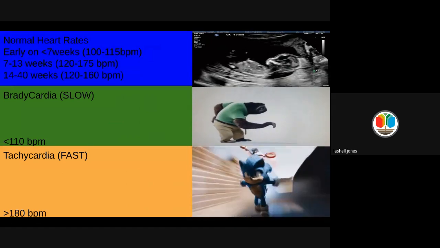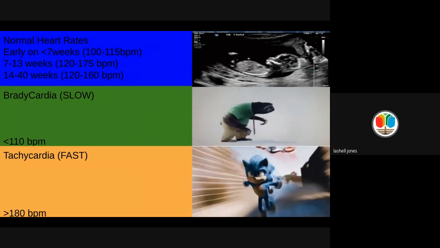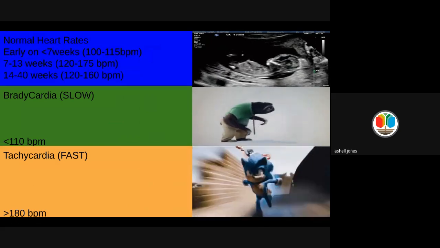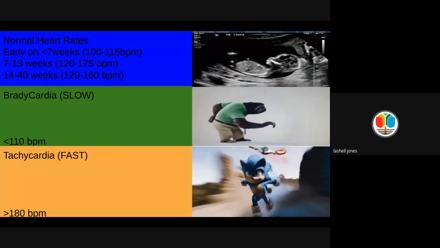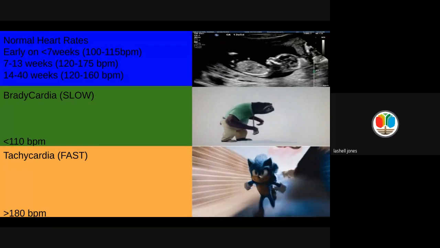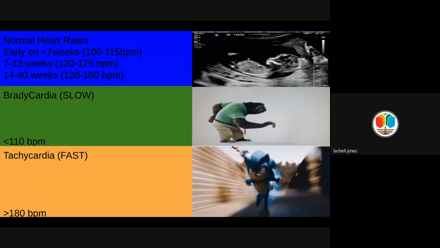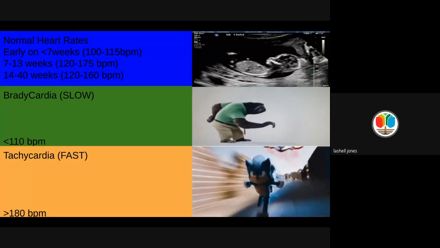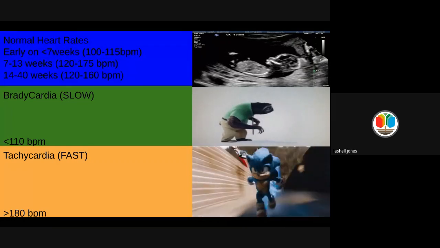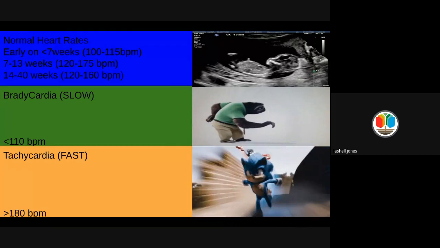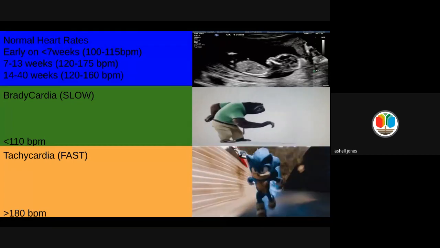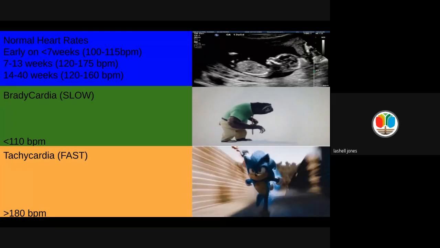Now, bradycardia is usually starting after 8 weeks, 8 weeks to 40 weeks. Bradycardia is a sustained heart rate of less than 110 beats per minute. Occasionally, if you're applying too much pressure on the mom's belly, you may see a few dips, but it should go back to a normal rate.